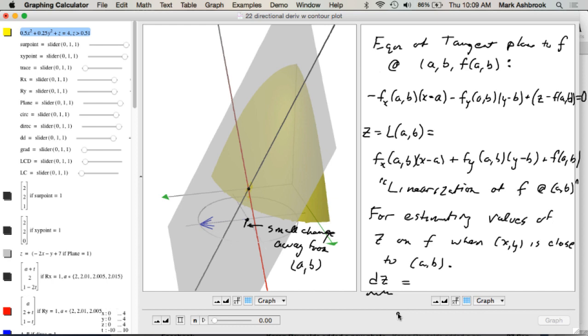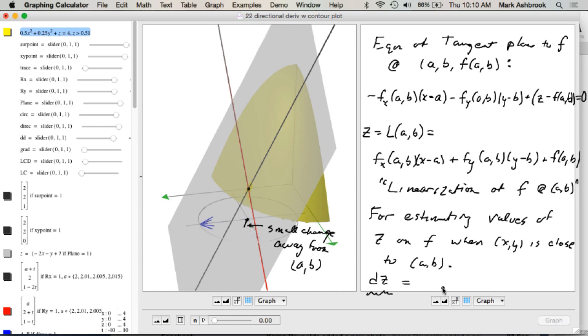Well, what was our basic construct for dz? The change in the dependent variable will always be rate times the change that you initiate, right? It's going to be whatever your rate of change is. But when I do that, I really have a little change in x and a little change in y.